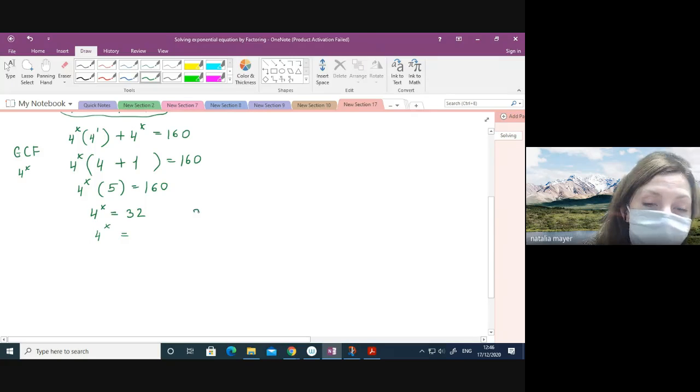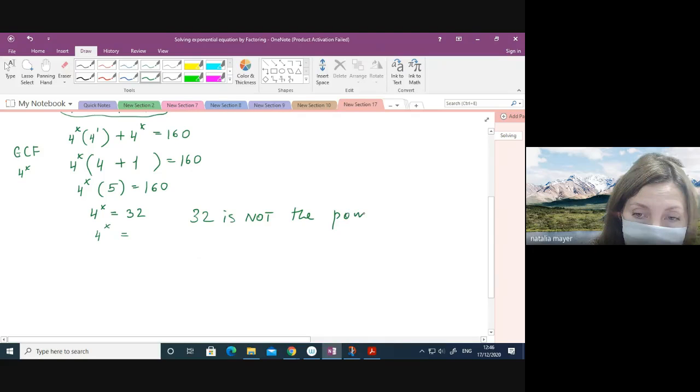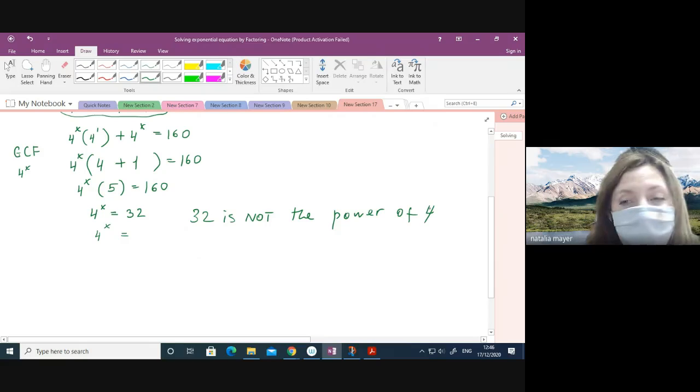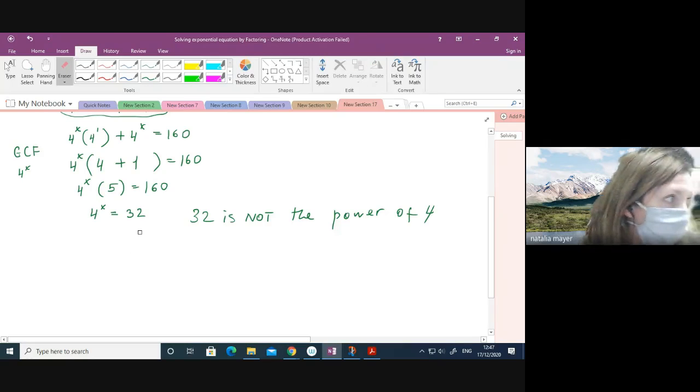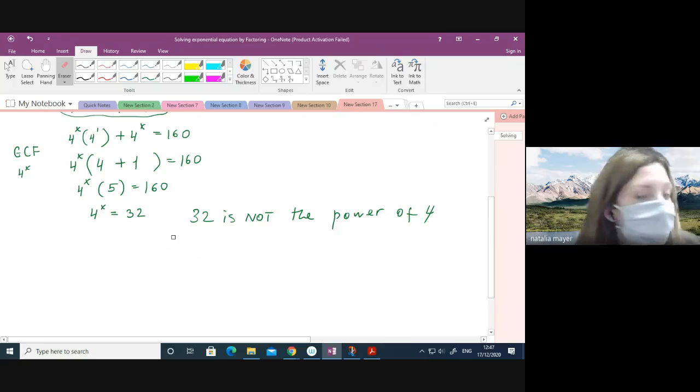So 32 is not a power of 4, right? Because 4 squared is 16, and 4 to the power of 3 is 64. Then all you can do here is use the definition of log.